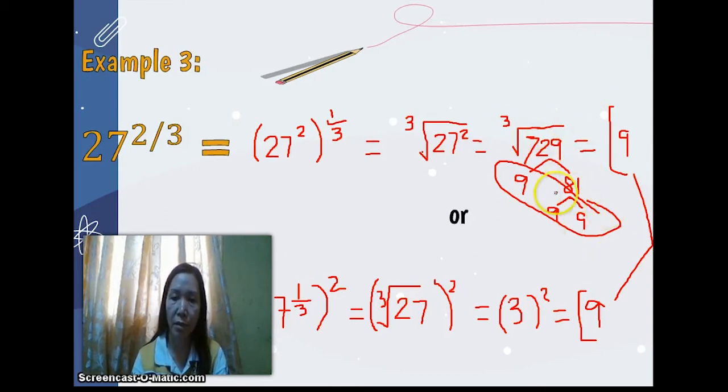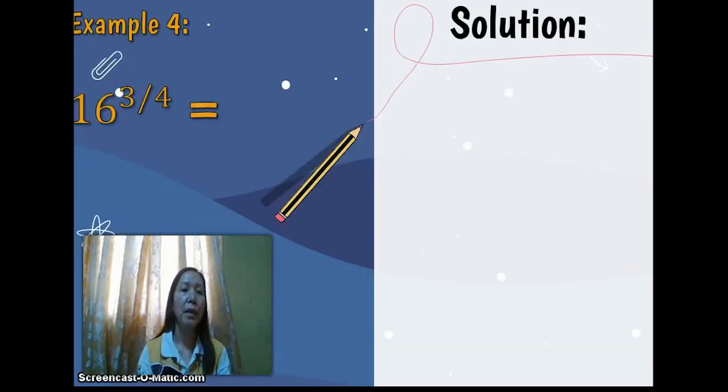Just like what I did here, I pressed the calculator, 27 squared, and I got 729. But if you have a choice, you can do the root first.